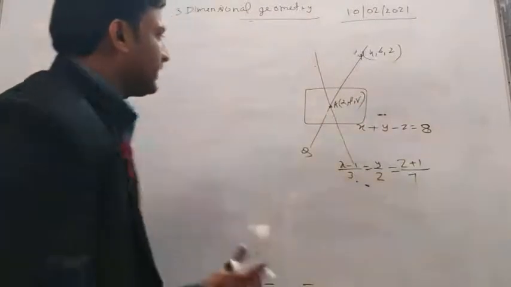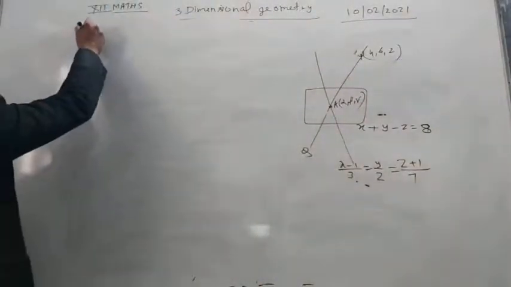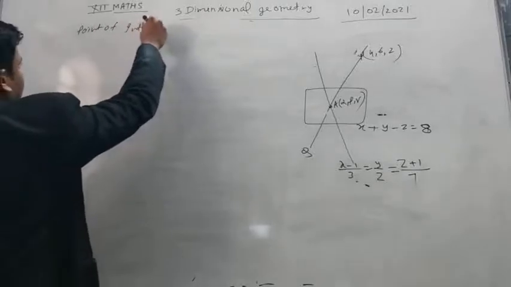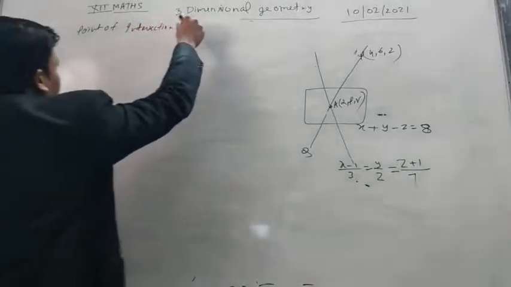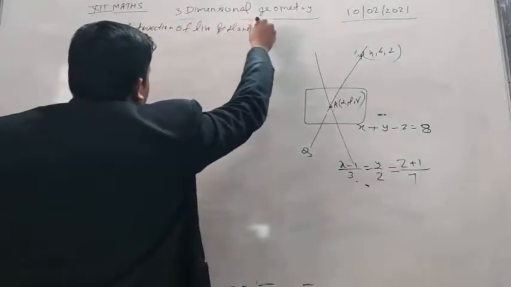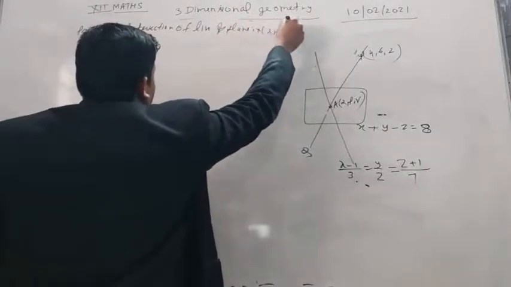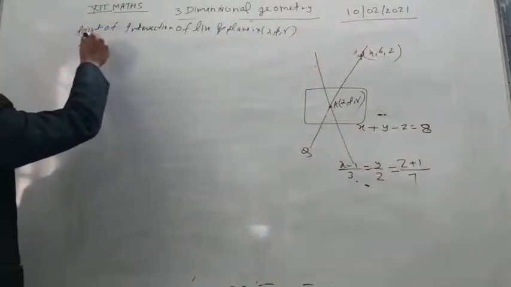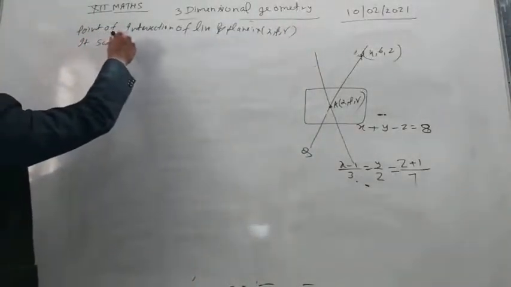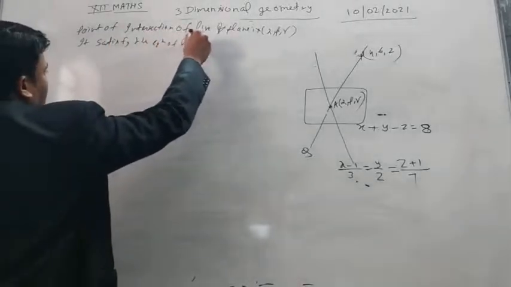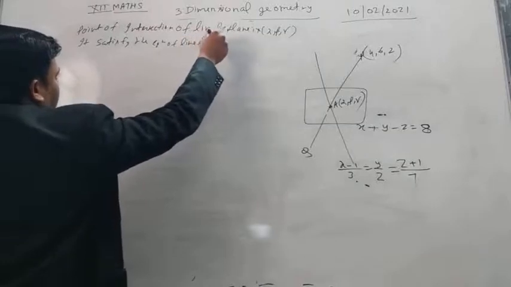So for this we write the point of intersection of line and plane is alpha, beta, gamma. So it satisfies the equation of line and plane.